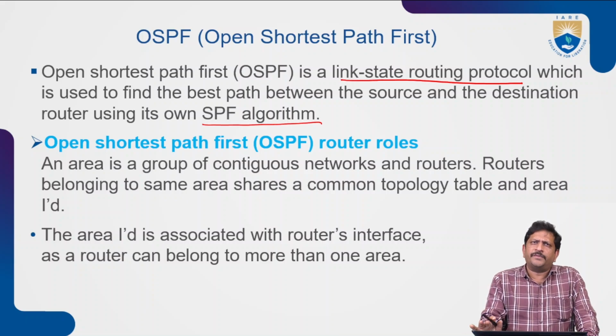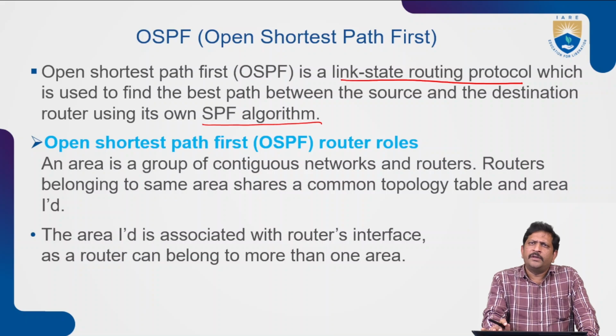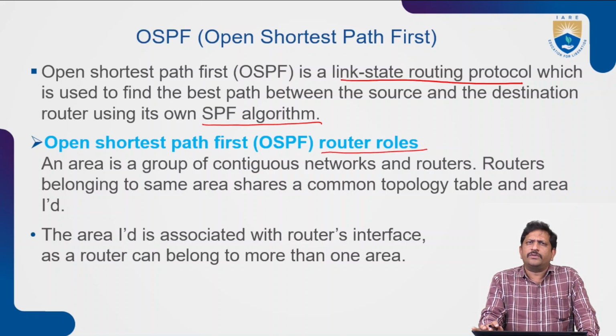Open Shortest Path First links a number of routers over the network, and these linking services can be provided based on a set of rules, that is the OSPF routing rules.